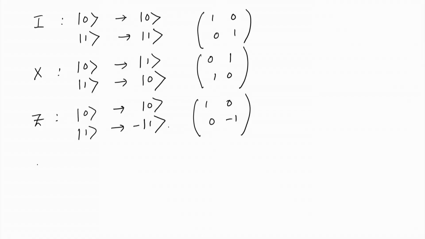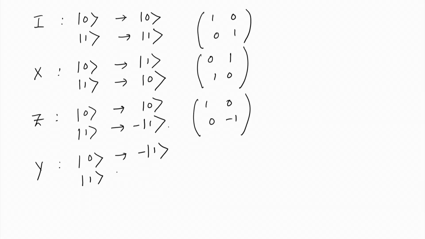And now the combination, which is y, it acts on a 0, it gives a minus 1, and it acts on a 1 and it gives a 0.